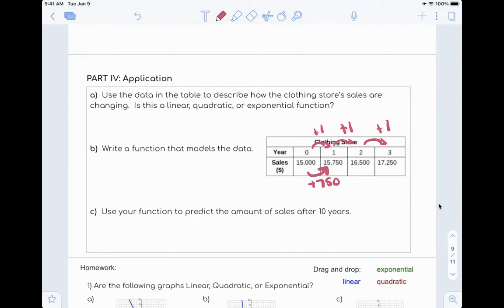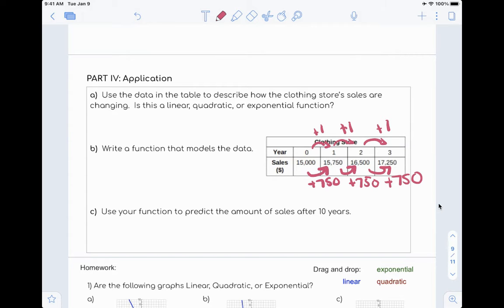And that next finite difference, again, plus 750. And then from 16,500 to 17,250 plus 750. So I can see that there's a constant rate of change, and this is indeed a linear model.